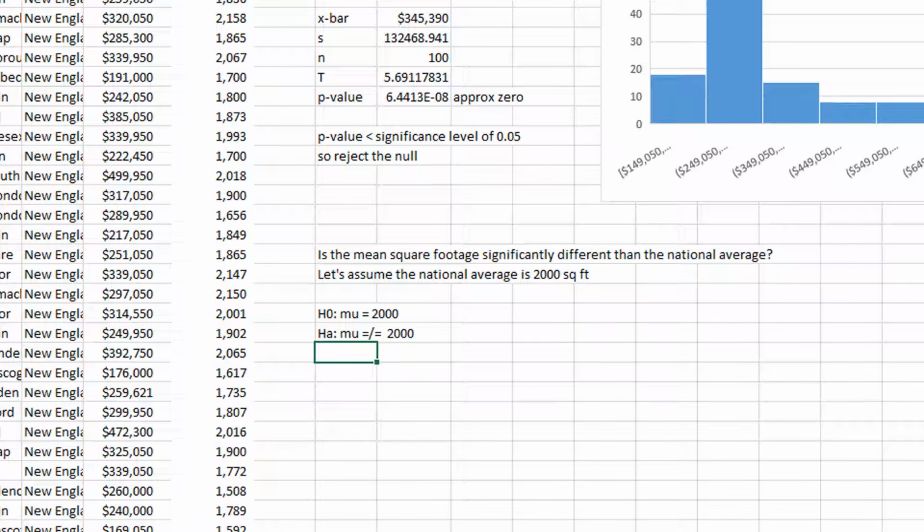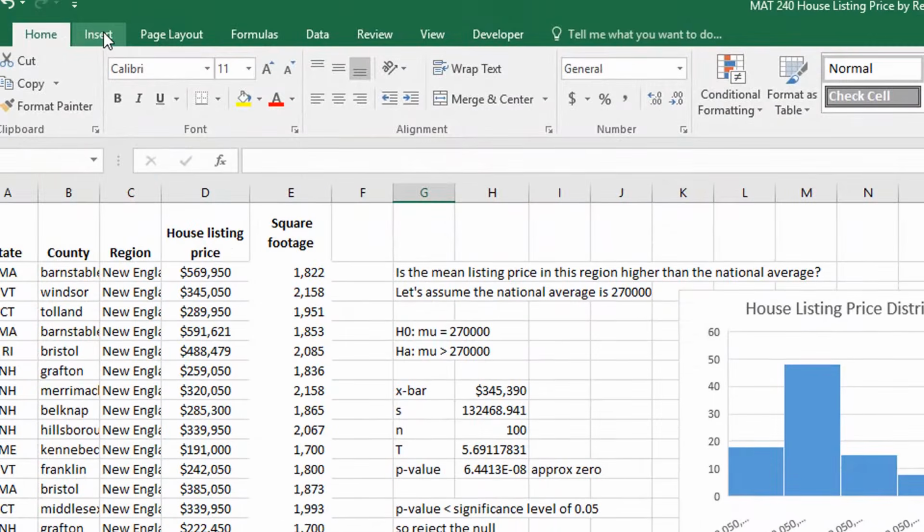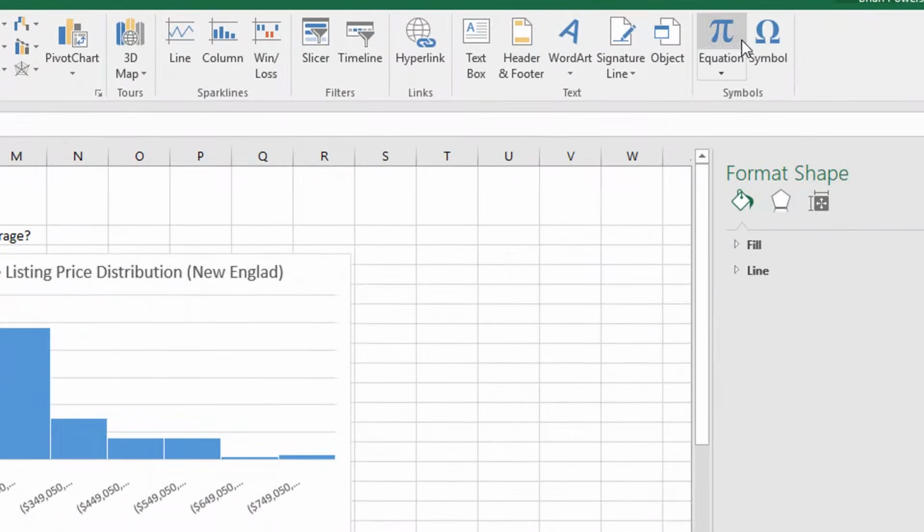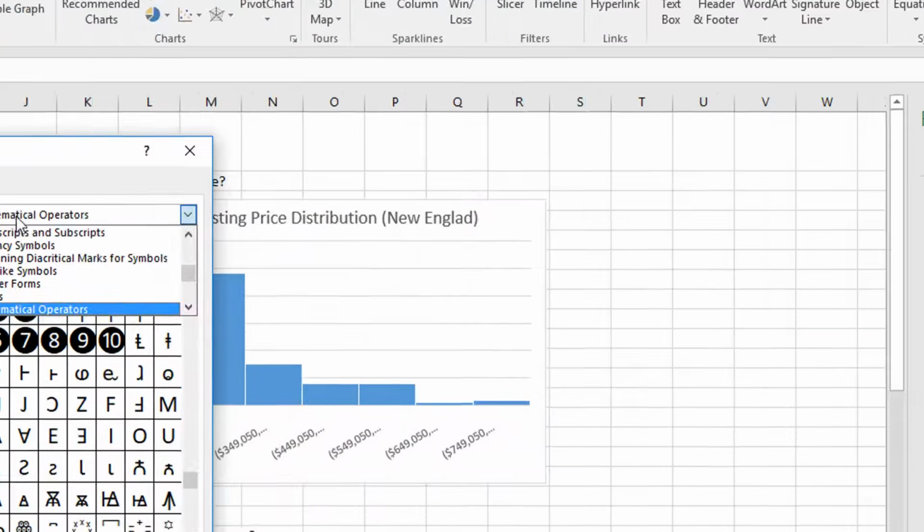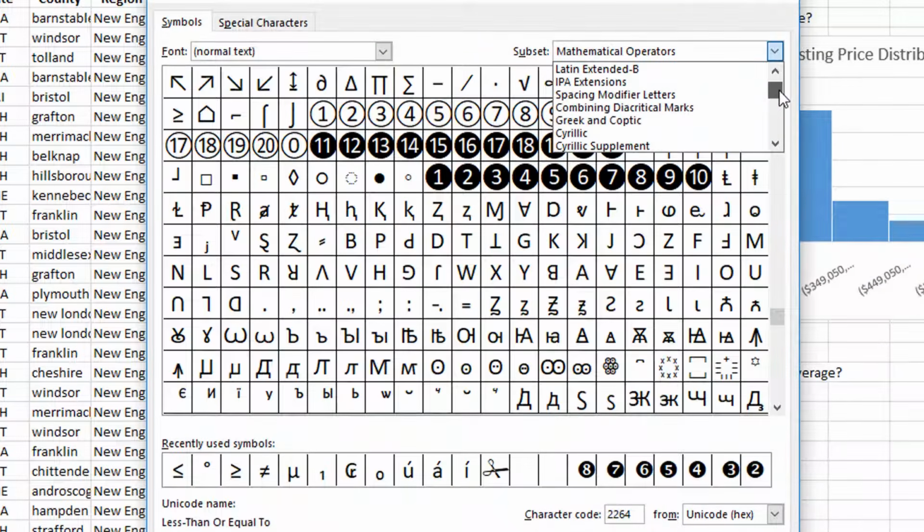I should also mention I don't want you writing the word mu. Go through the trouble of getting the Greek character. It's not that hard to do. I'm not doing it because I don't need to. But if I was going to set an example, you can go to Insert, Symbol, search for Greek and Coptic, which is one of the subsets.